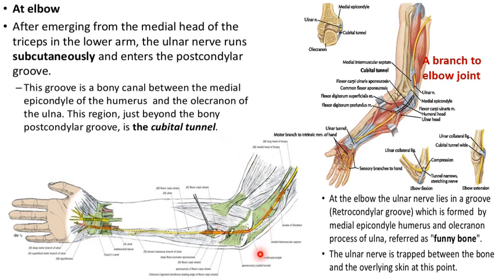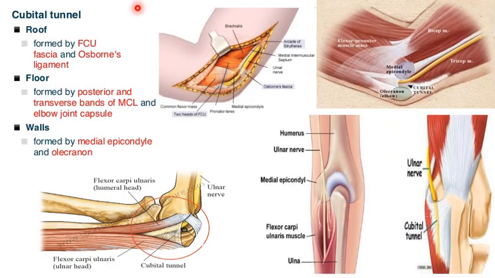Cubitus in Latin means elbow. So as the tunnel here is formed posteriorly, which gives a passageway, here you can see, to the ulnar nerve, that is called the cubital tunnel, where there is all possibility of the ulnar nerve being compressed in the cubital tunnel. So what is this cubital tunnel?